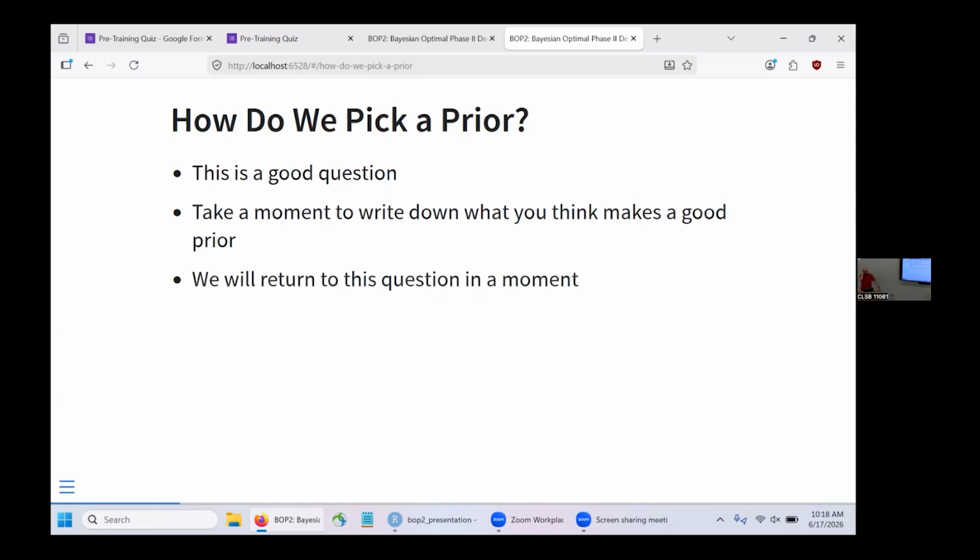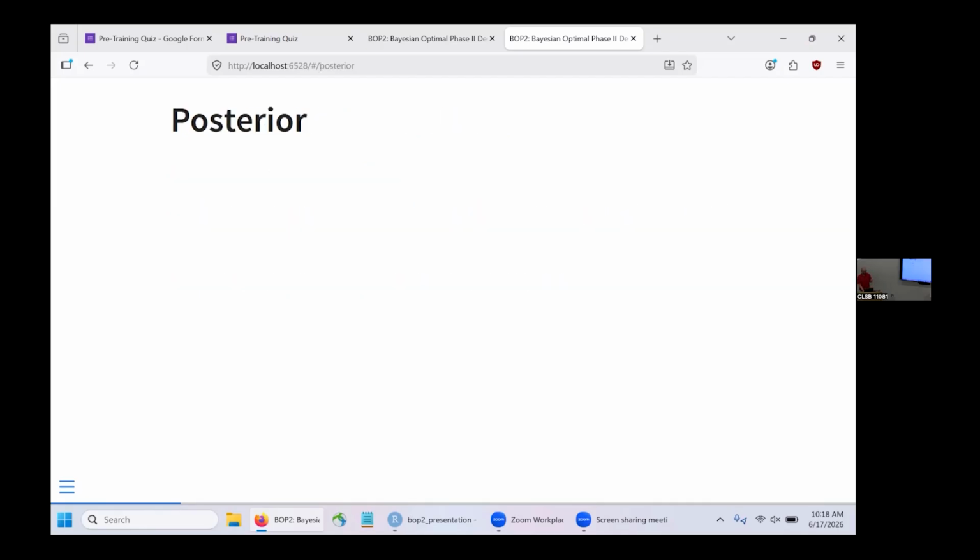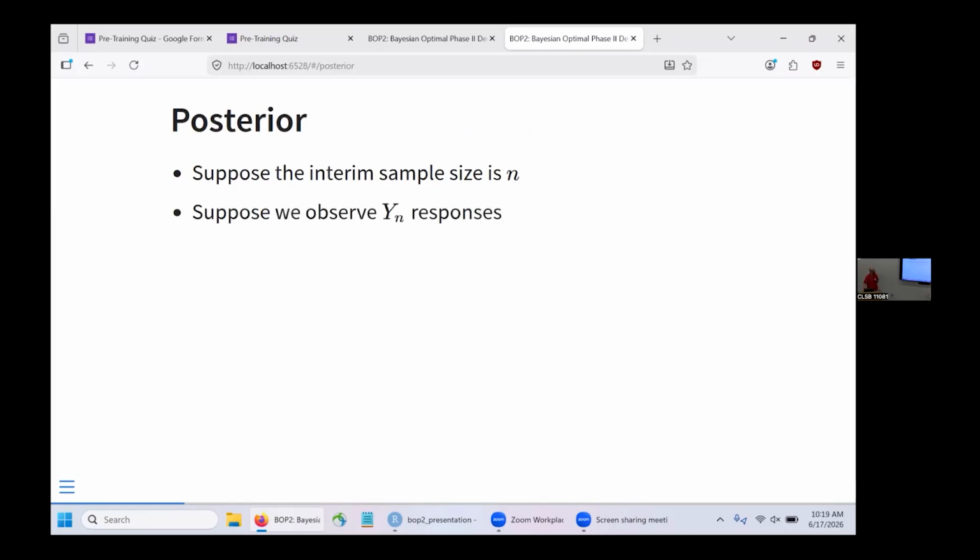So we are going to return to this question, but I'm going to give you more information, and we can see if that changes your ideas about what makes a good prior. On the way to giving you more information about priors, we actually do have to talk about the posterior. So let's talk about a single interim analysis. Little n is our interim sample size.